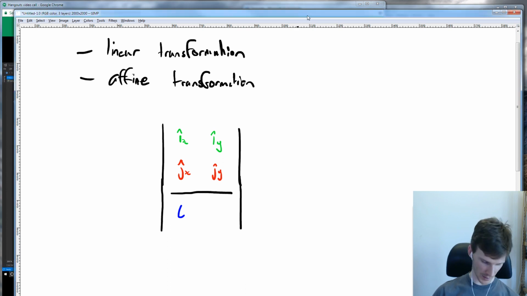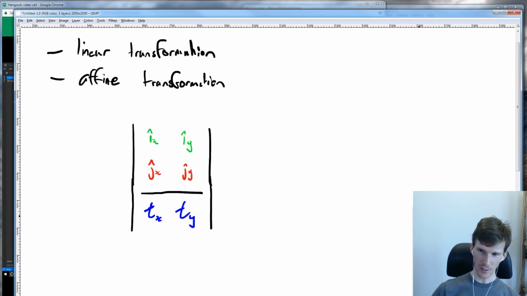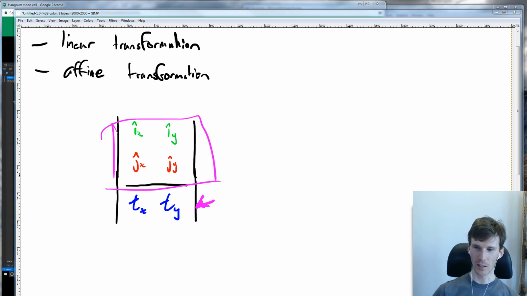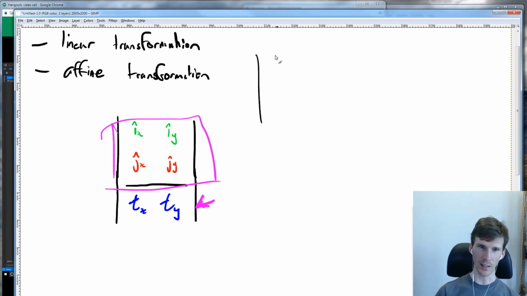All right, so I'm going to call this translation X and translation Y. This is the simple way to represent it, and it's basically do the matrix transformation and then just add on that. So you could imagine we'd have a matrix like 1 1 negative 1 1 like before, and then we'll shift it over 5 5.